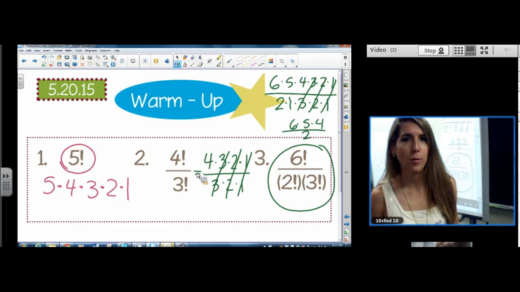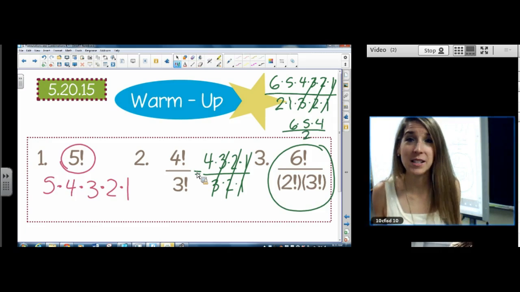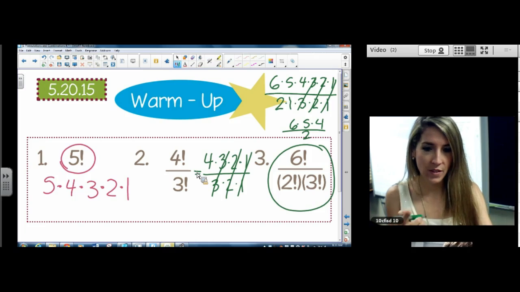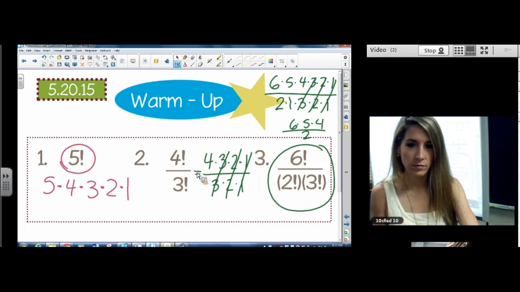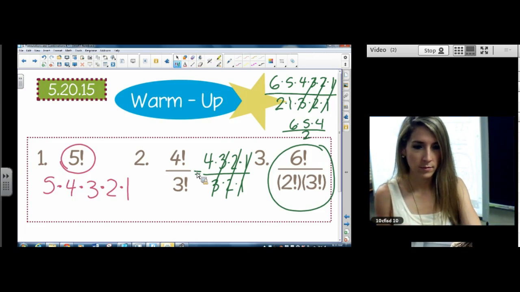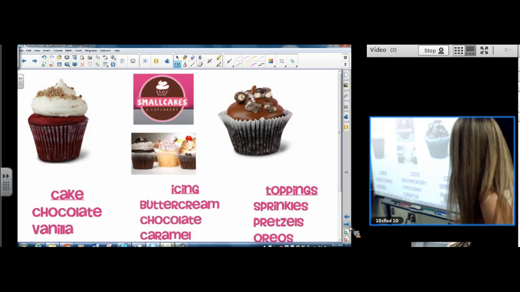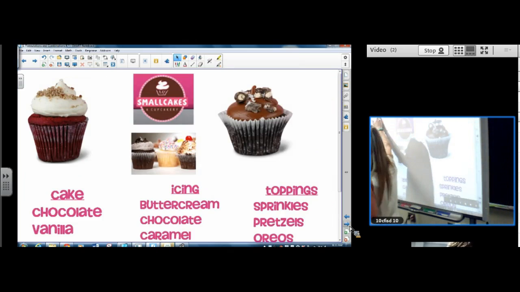And like I said, why do we care? Why do we need this? We absolutely will use this in our probability lesson today. All right? What's the final answer to number 3? Good, 60.